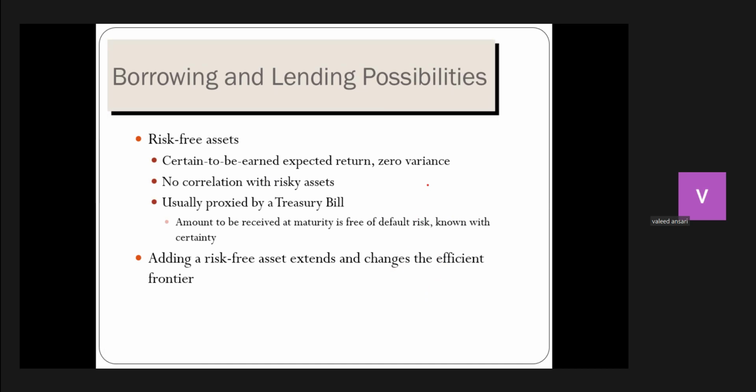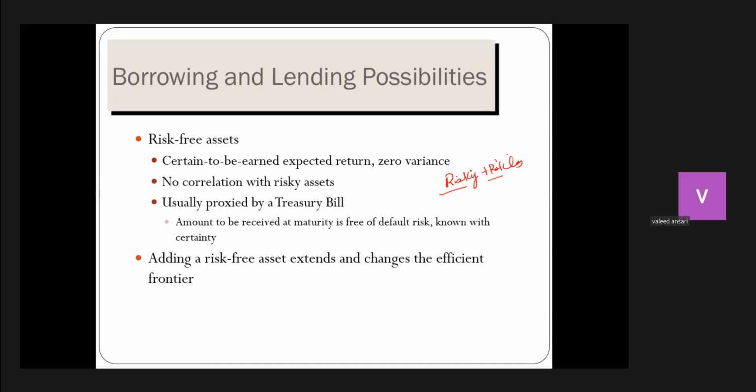Now, I told you just now about risky assets and riskless assets. So far, we are aware of the portfolio risk formula and the portfolio return calculations.